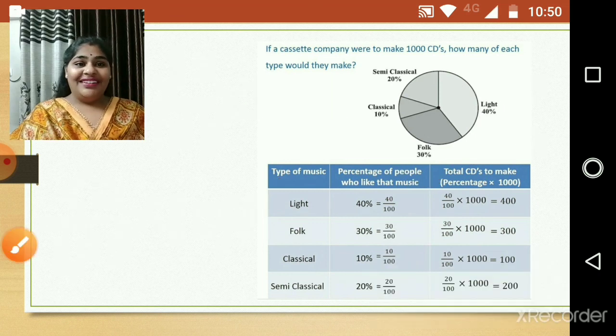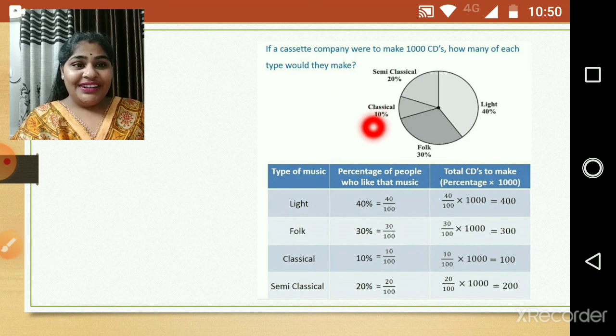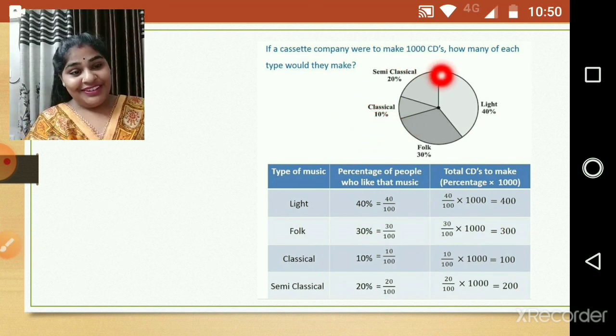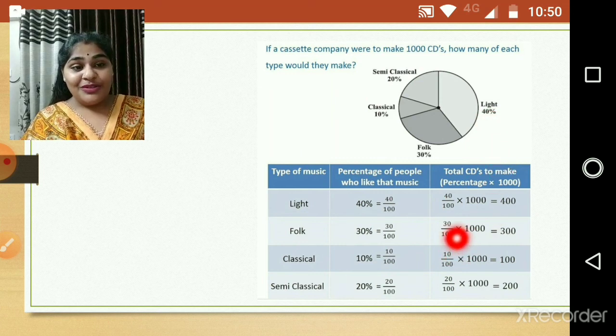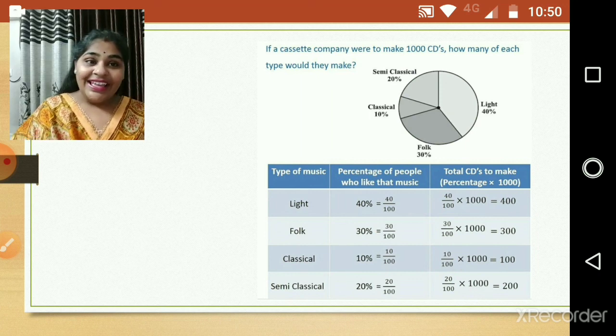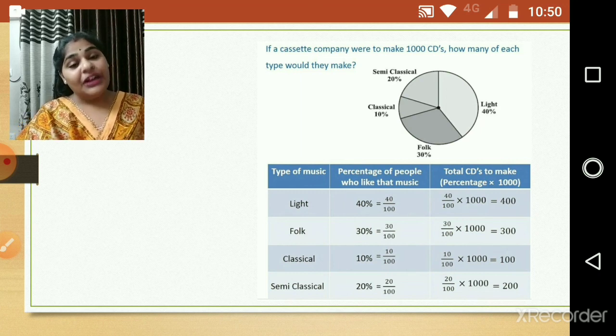Now similarly, classical, children, it is 10%, 10% of 1000. So 10% of 1000 will be 10 upon 100 multiplied by 1000, which is equal to 100. And similarly, 20% semi-classical, that is 20% of 1000.